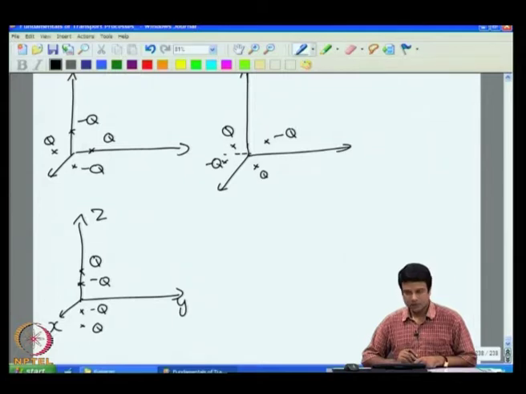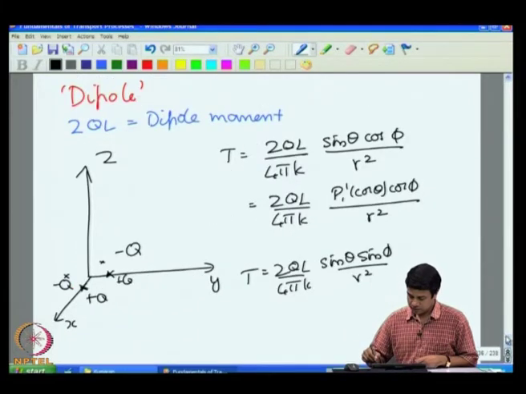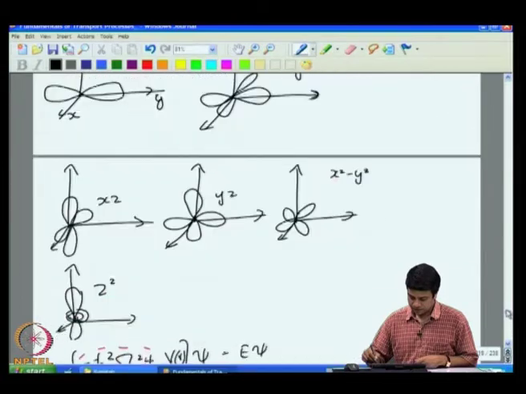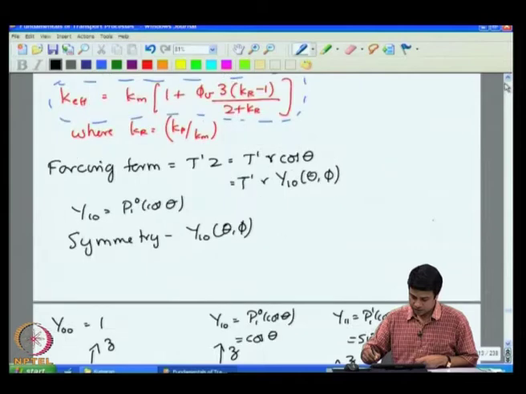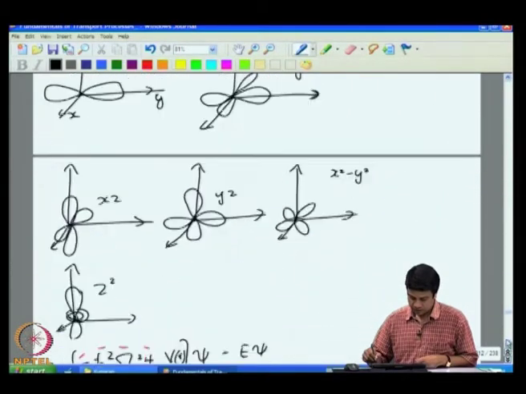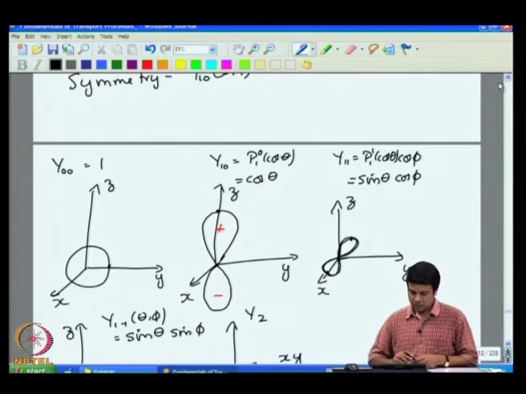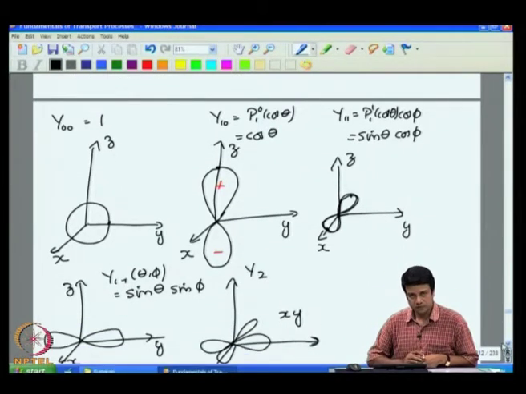You will note that these are actually reminiscent of the symmetries that I wrote for you a little earlier. These are actually identical to these solutions. So, Y 0 0 corresponds to a source. Y 1 0, Y 1 1 and Y 1 minus 1 correspond to dipoles, combination of a source and a sink in the limit as the distance between the two goes to 0.